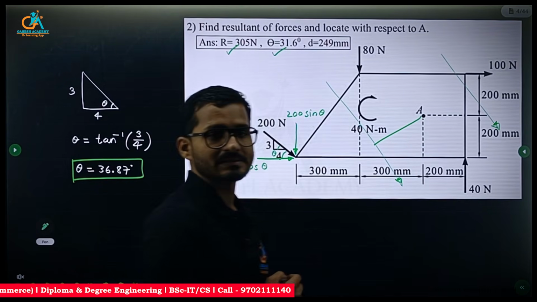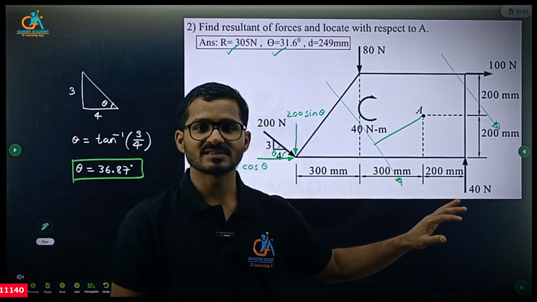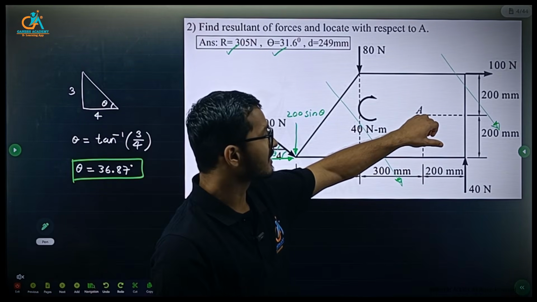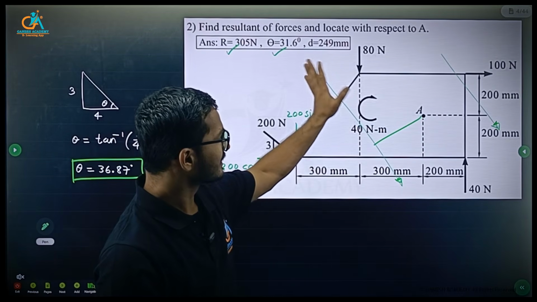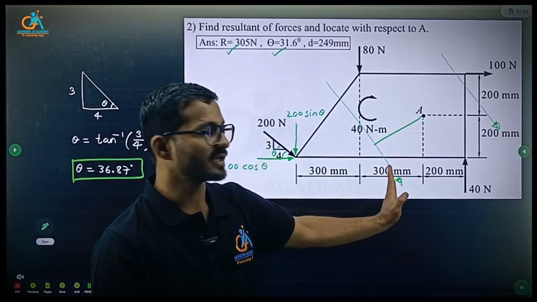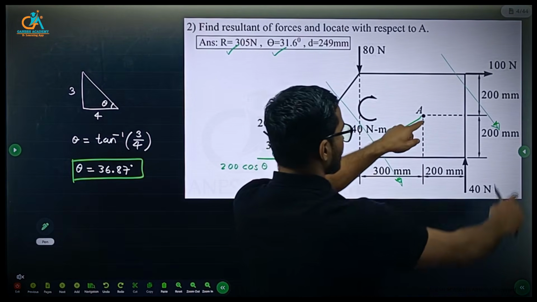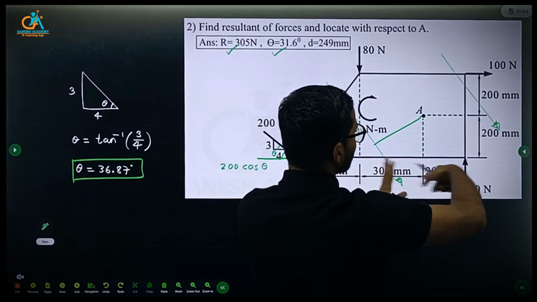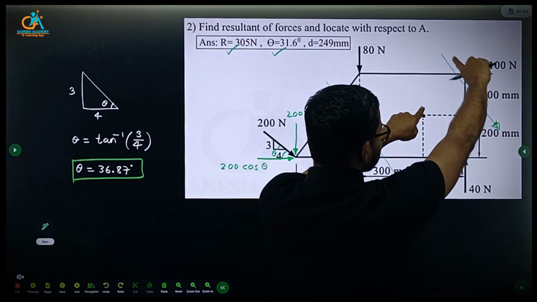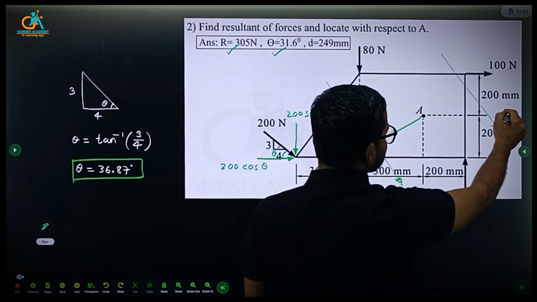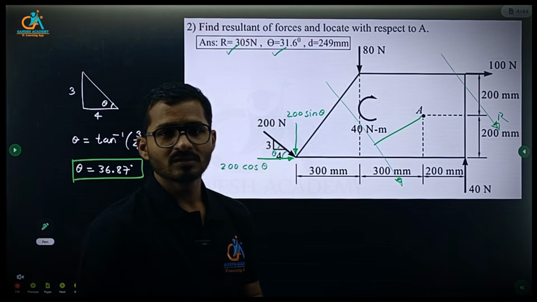Okay, the perpendicular distance. First we need to find the algebraic sum of moments of all the forces about the given point of interest, and then we can say whether the resultant is acting just left of A or to the right of A. Here we need to consider the moment concept. If the algebraic sum of the moments of all the forces is clockwise, the resultant will be something like this, producing clockwise rotation.